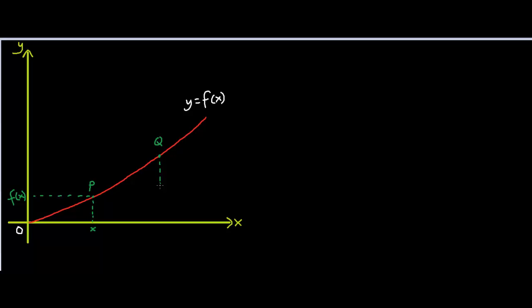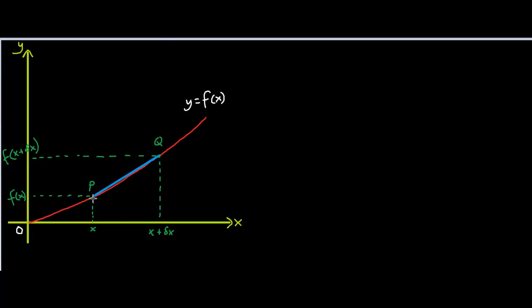And let's give it the coordinates x plus change in x, f(x plus change in x). Next, let's put a chord between the point P and the point Q.